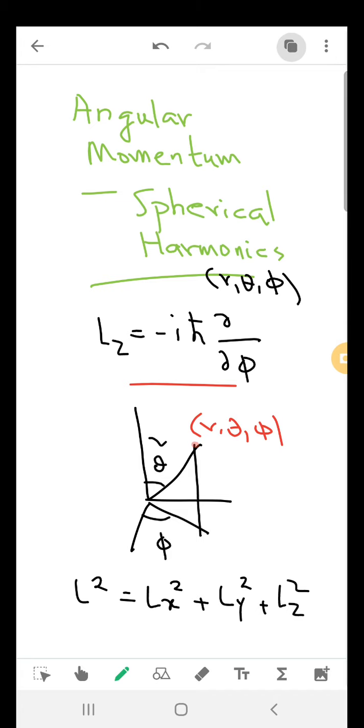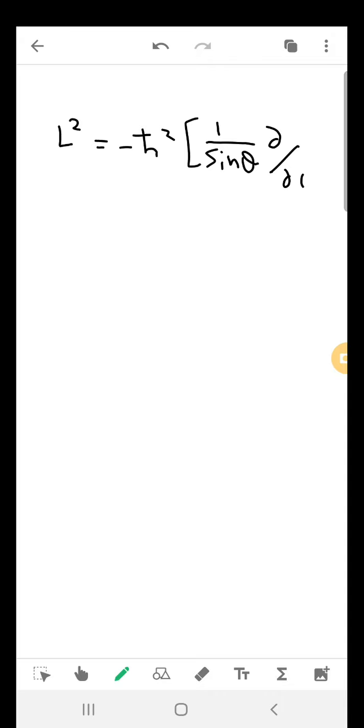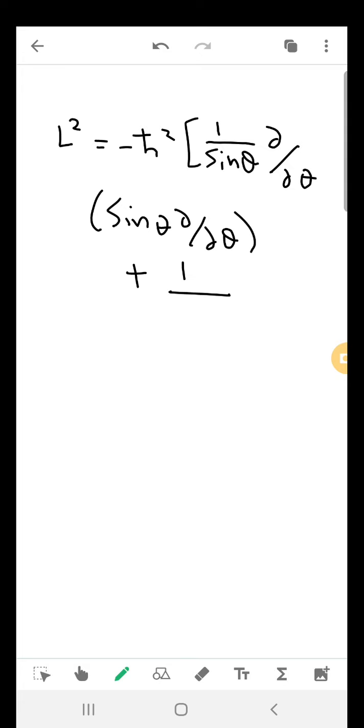And we can write L squared in terms of spherical coordinates as L squared is equal to minus h cross squared times [1 by sine theta del by del theta of sine theta del by del theta plus 1 by sine squared theta del squared by del phi squared].